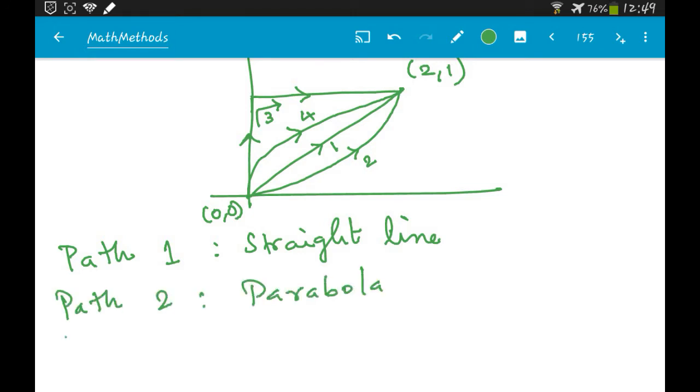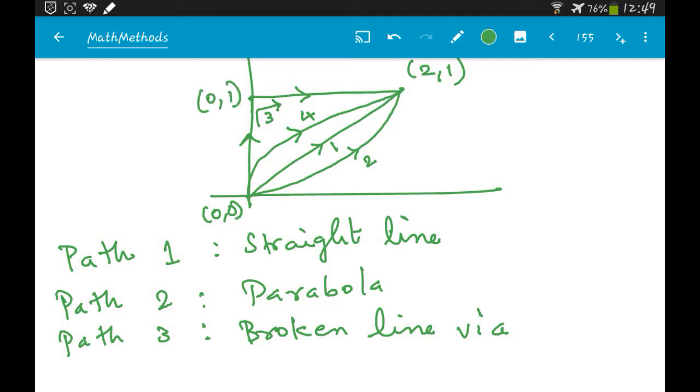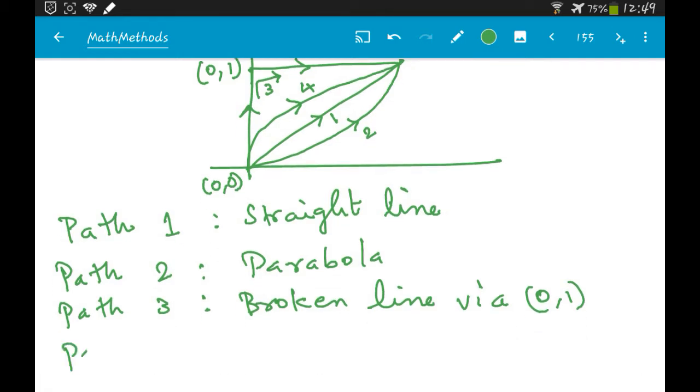Path 3 is a broken line via a point not given to you, but you can imagine it: y is constant along one segment and x is 0 along the other, so the point is 0, 1. Path 4 is given as x equals t cube and y equals t square.